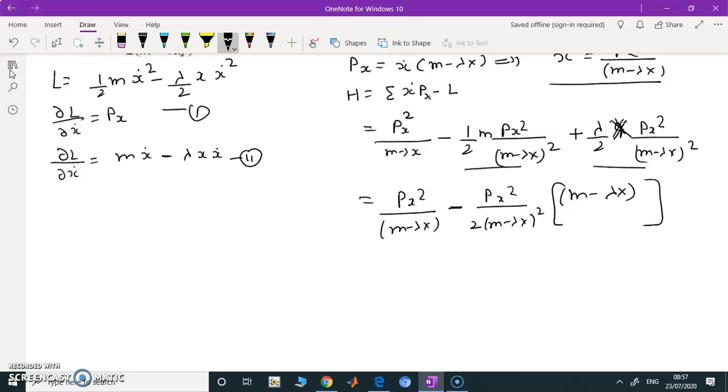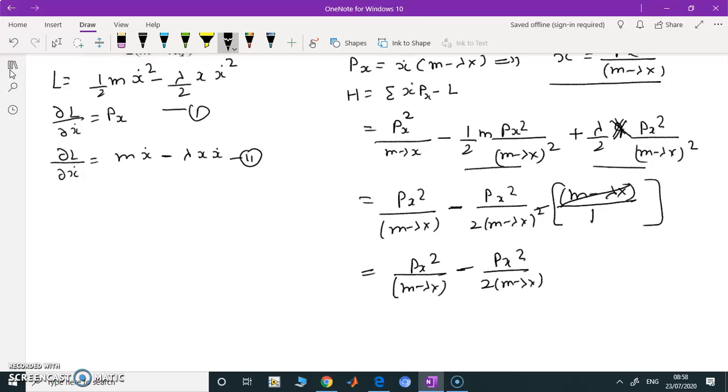This is m minus lambda x and this is m minus lambda x, so this will be cancelled. What will you get? Px square upon m minus lambda x minus Px square upon 2 times m minus lambda x.